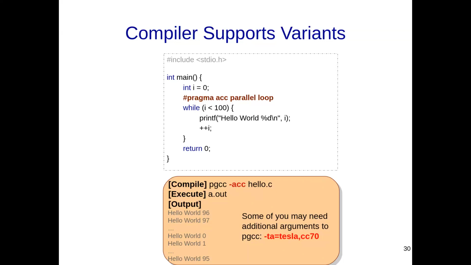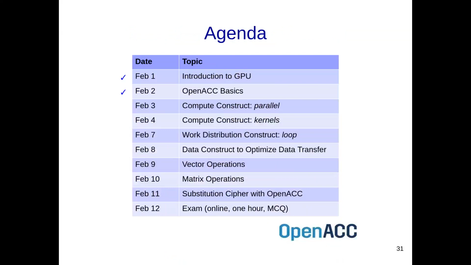Okay, so with that, we come to the close of whatever I wanted to convey in today's portion. We looked at some of the OpenACC basics. We looked at the Hello World program, and I mentioned a few things related to the installation and the output that the PG accelerator information binary is going to give you.